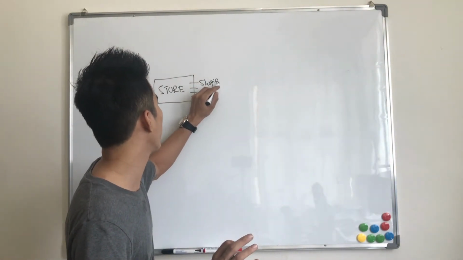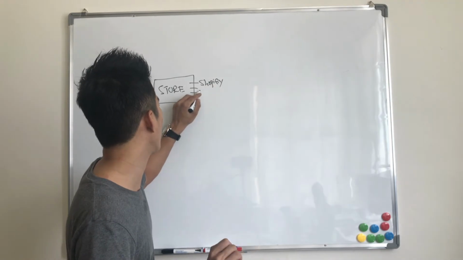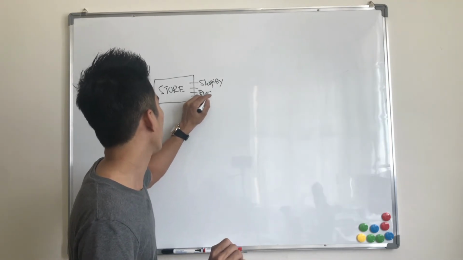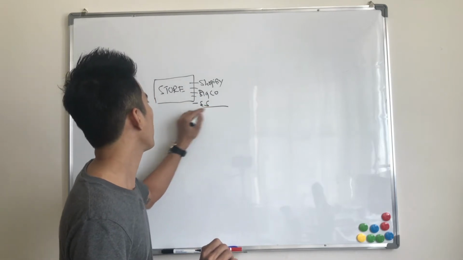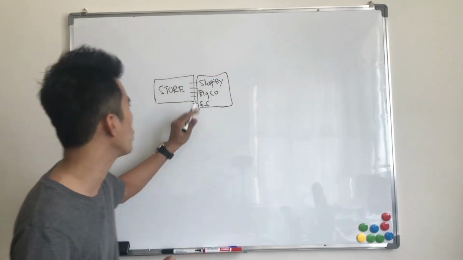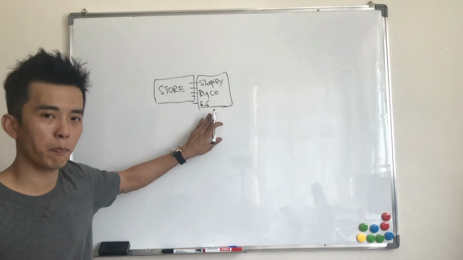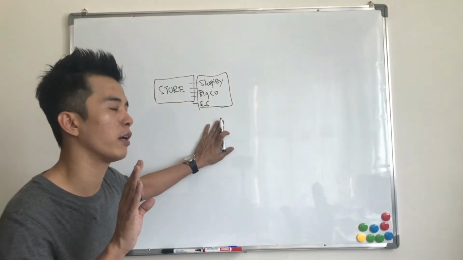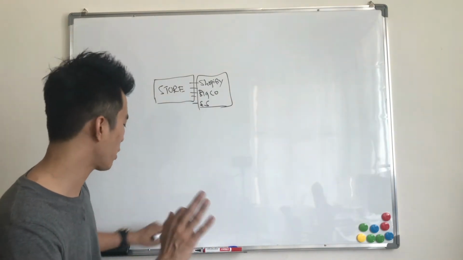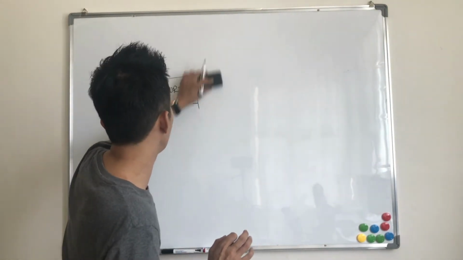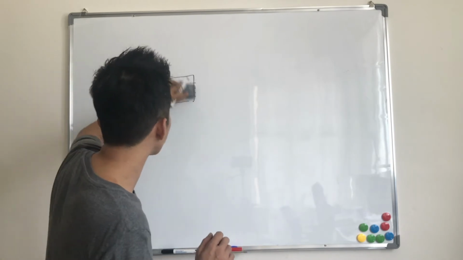We have Shopify, BigCommerce and EasyStore. These are the players who provide you the website templates. Basically you don't need to have website knowledge. You can just drag and drop. Understand? So these are the providers that you can get in the market.